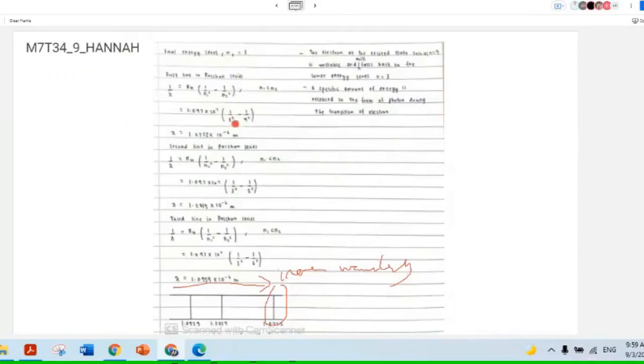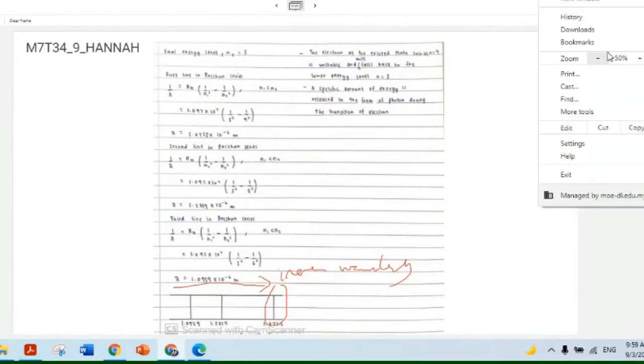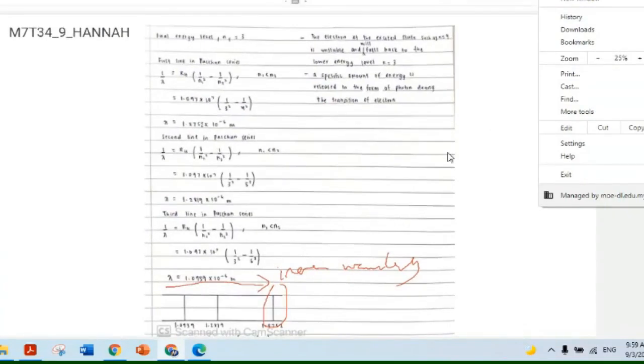Okay, Hana, this question: explain how this transition occurs. The electron at the excited state, such as n equal to 4, is unstable and will fall to the lower energy level, n equal to 3. Okay, continue.